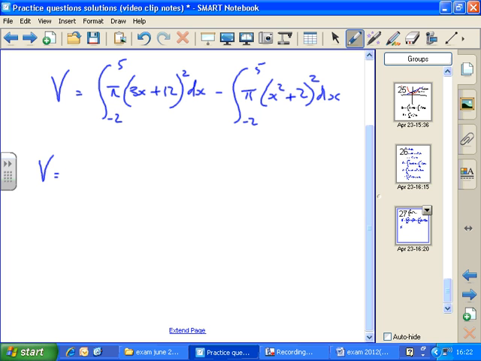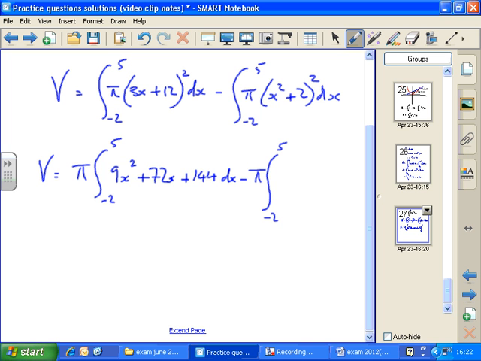Again, we can take the pi outside the integral, so 5 minus 2. Now squaring this, we get 3x times 3x gives us 9x squared. 3x times 12 gives 36x, plus another 3x times 12 gives us 72x, plus 144 with respect to x, minus, again take the pi outside the integral between minus 2 and 5.